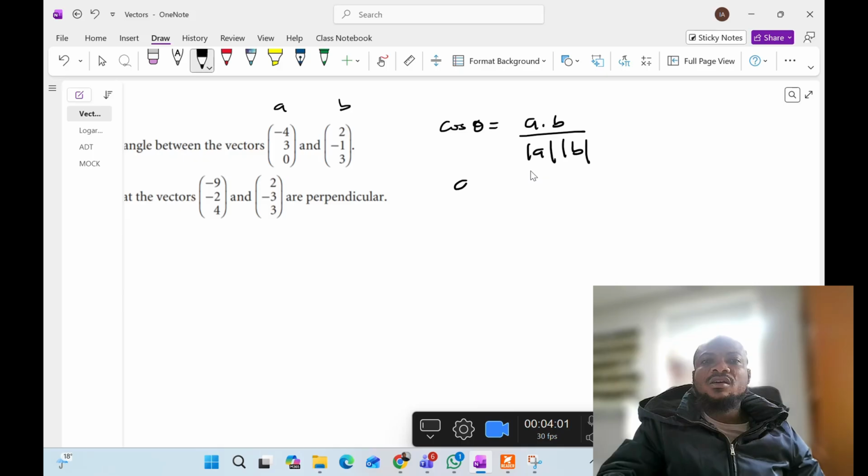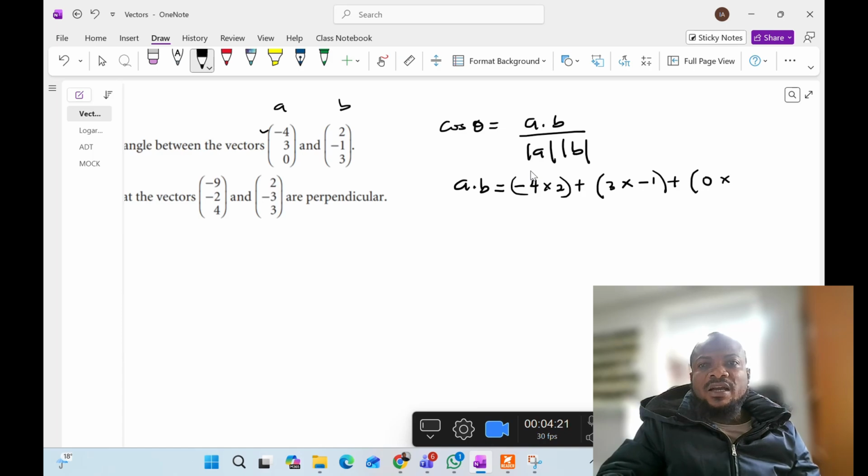A dot B will be equal to A1 times B1 plus A2 or AY times BY plus AZ times BZ.